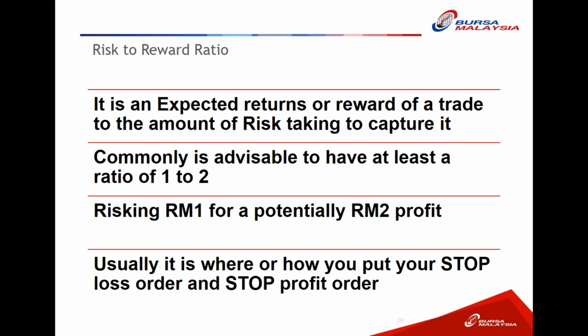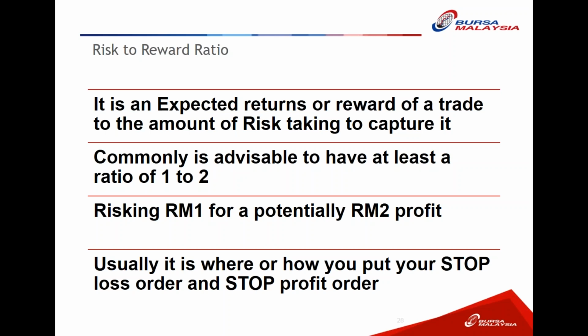Okay, commonly it is advisable to have at least a ratio of 1 to 2. In fact, some probably say 1 to 2.5, 1 to 3, or even higher. I'll say it's actually okay. To me, if it's 1 to 1, it's still okay as long as your winning ratio is high, right? But you must always look for something where you have a chance to profit.